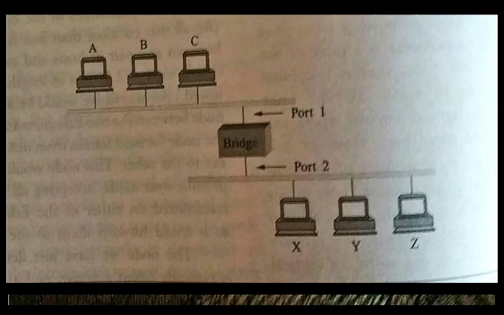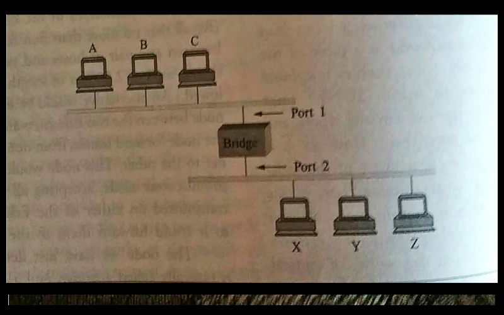So if the destination node is not present in ethernet segment 1, only then is it going to forward it on the other port, port number 2. Similarly, it is not going to forward all the packets received from port number 2 to port number 1. Only if the destination address is not present on ethernet segment 2 is it forwarded on the other port.